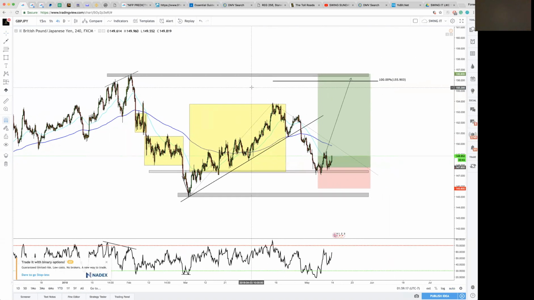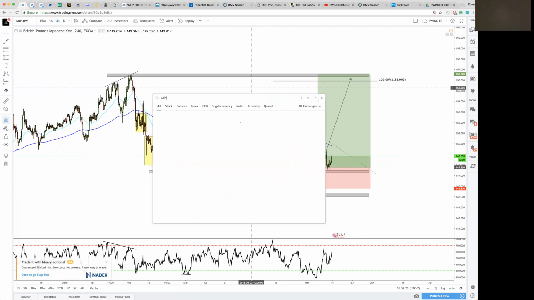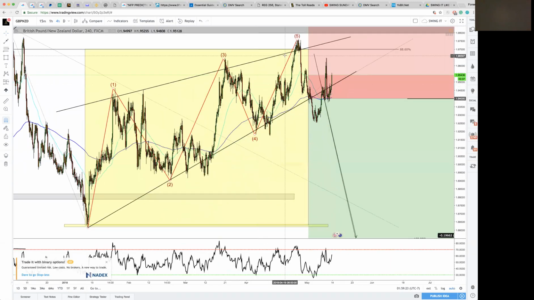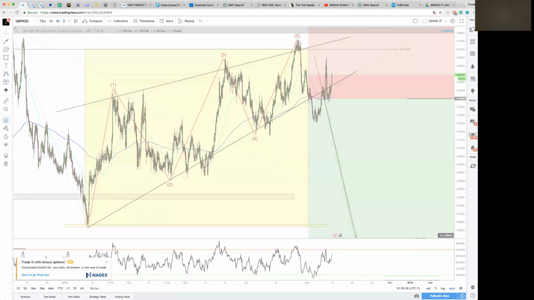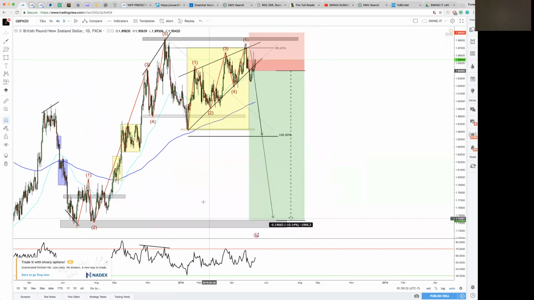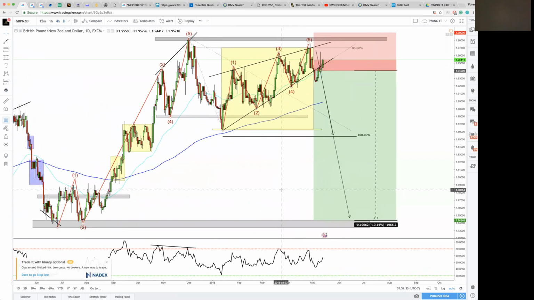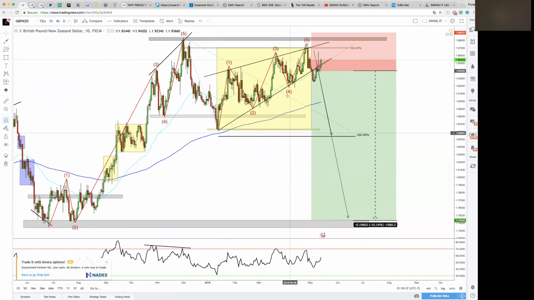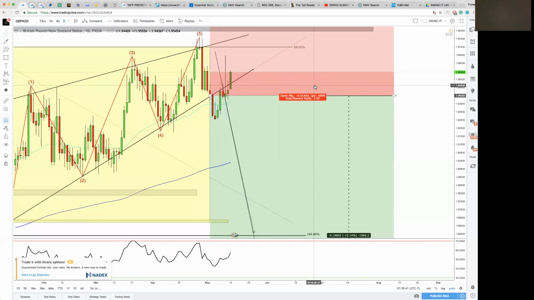Okay. Now GBP NZD. All right, GBP NZD daily time frame. Yep, it's a daily time frame, and we've seen last week that the price rejected from this point, creating a wick.